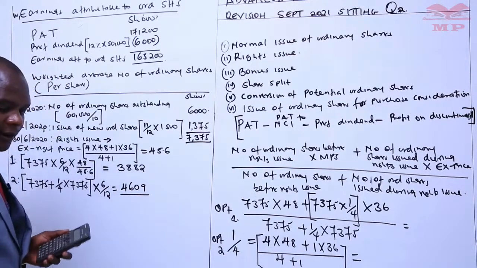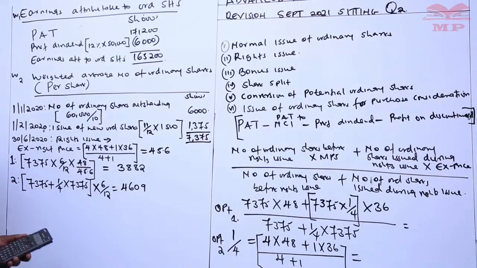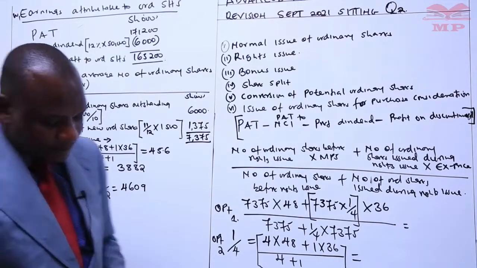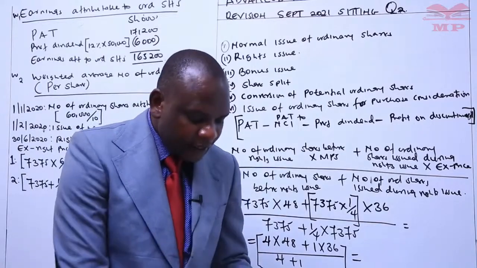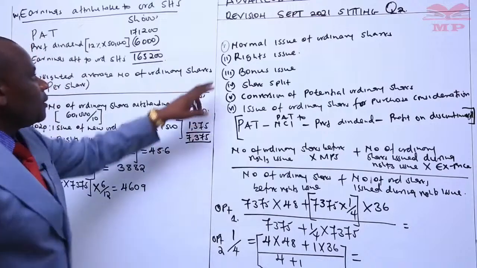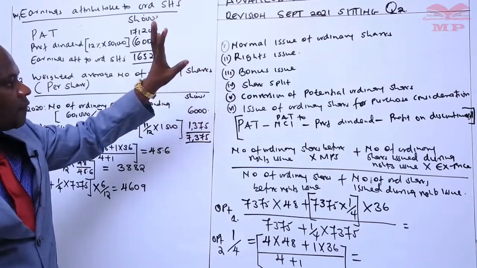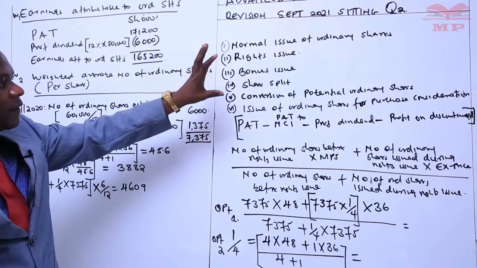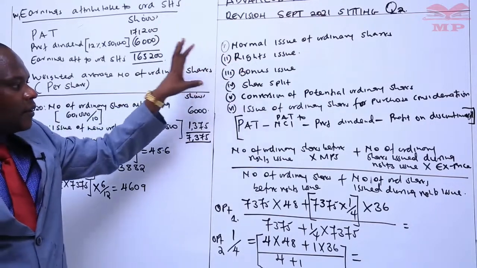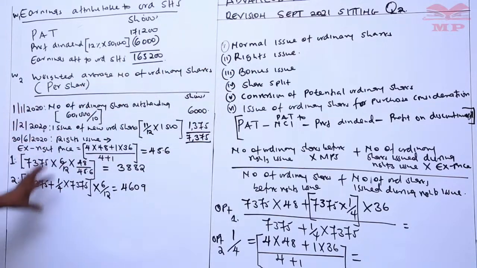Now, before we aggregate, we have to go back to the equation and see if there is any other item, that of normal issue, rights issue, bonus issue, share split, conversion of potential ordinary shares, issue of ordinary shares for purchase consideration, if there is still any of them that we have to incorporate here.